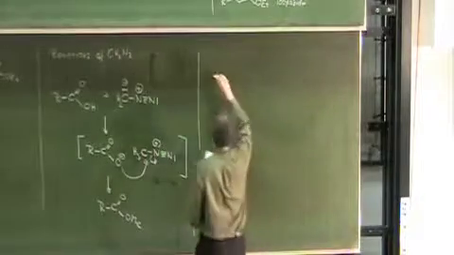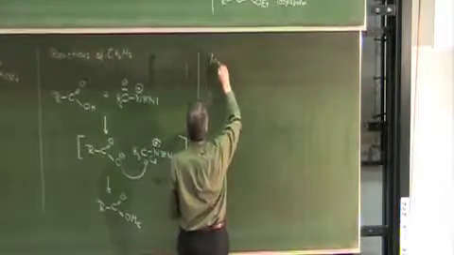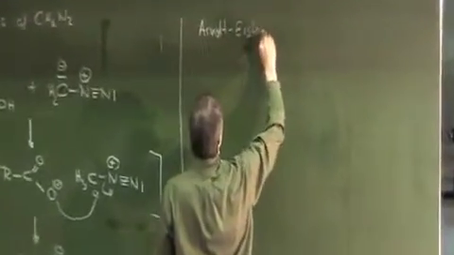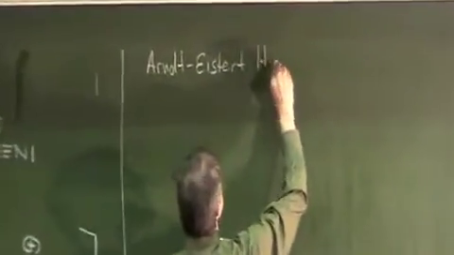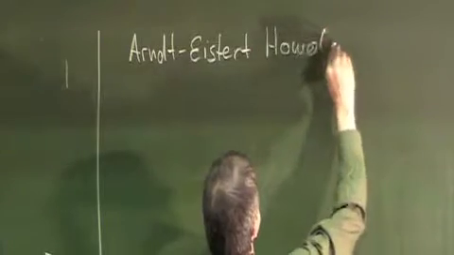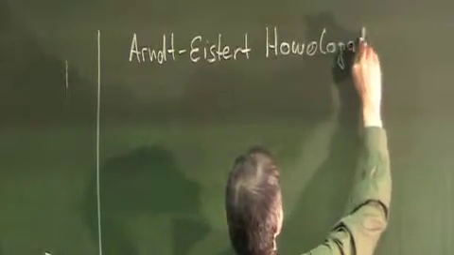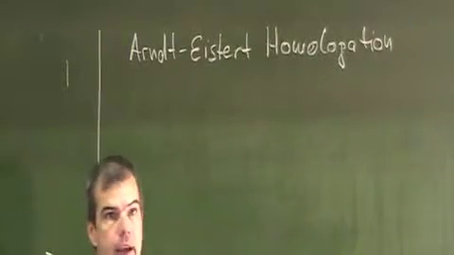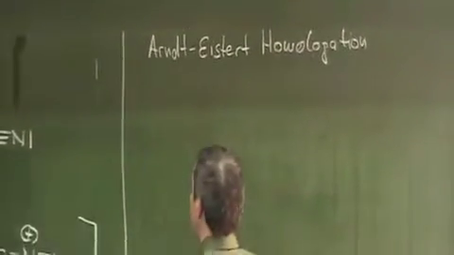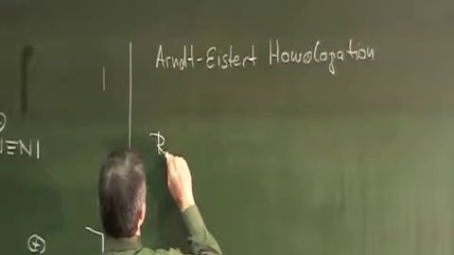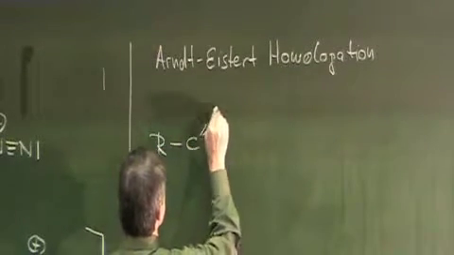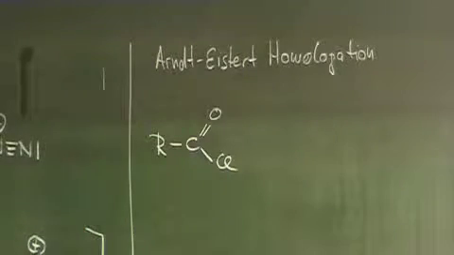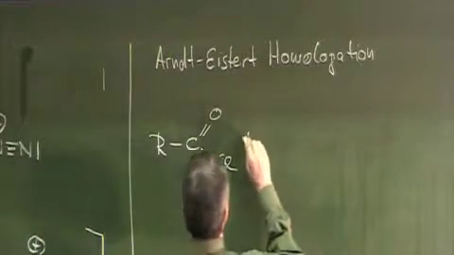Another reaction which is known as the Arndt-Eistert homologation, makes use of the anionic properties of diazomethane. So diazomethane readily will react with acid chlorides.